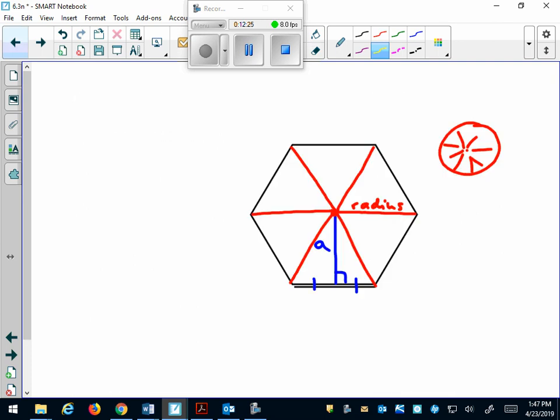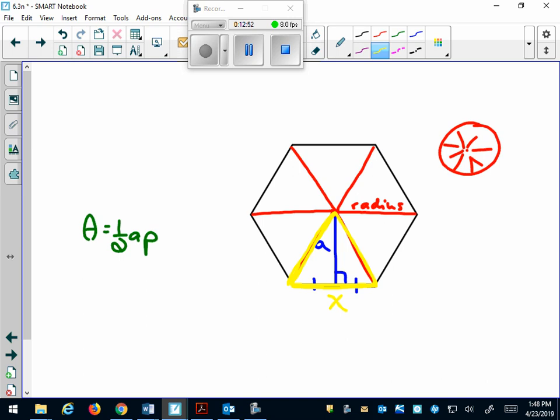By the way, I just wanted to mention about this formula. It may seem random, but if I asked you to find the area of this triangle, and I said the length of the side is x, what would be the area of that triangle?